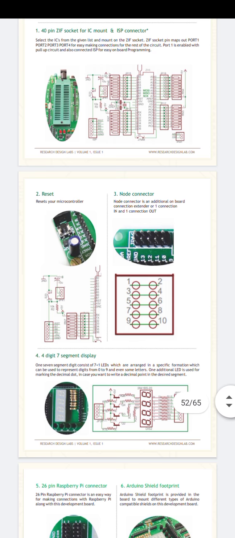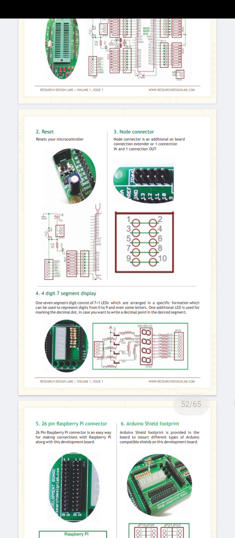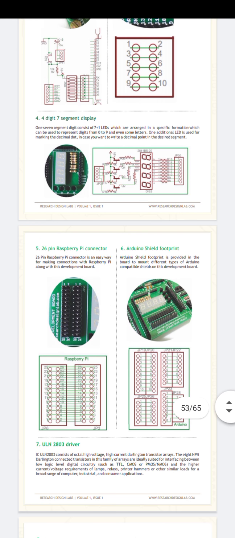For the input and output steps, the segment display shows the numbers 0 to 9 on the LED. A Raspberry Pi connector is also used with the AVR microcontrollers on the development boards. The Arduino shield footprint is compatible with different types of Arduino on the development boards.